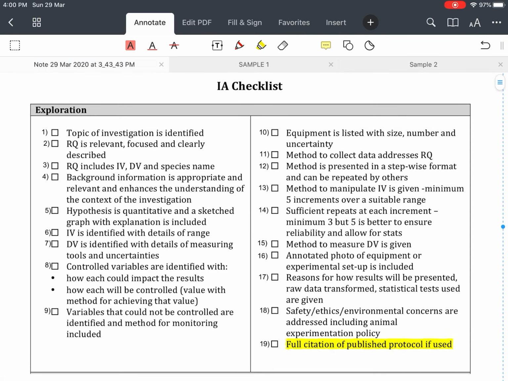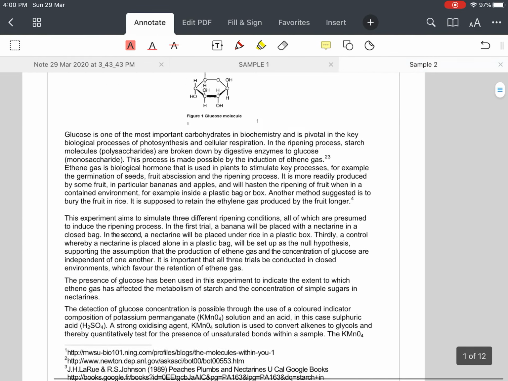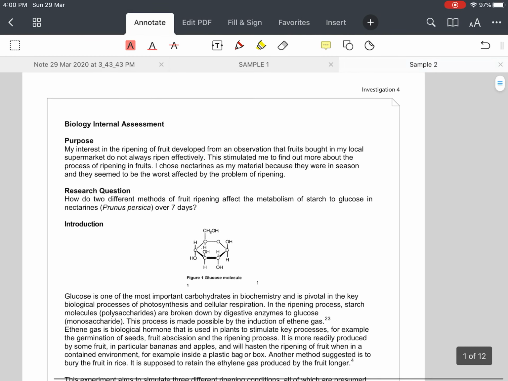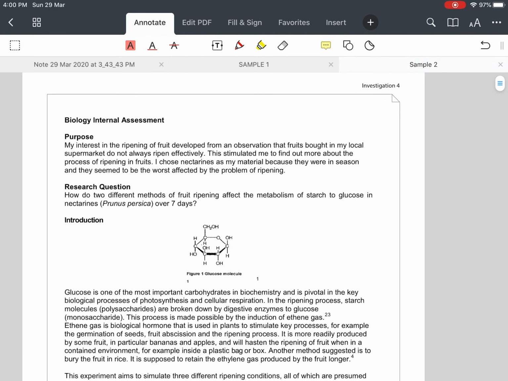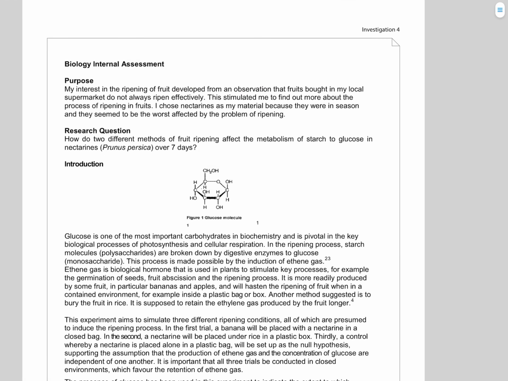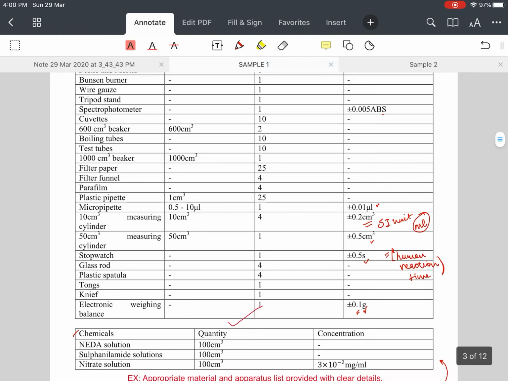Method to collect data, address research question. Now in the research question, if you have mentioned that your collection of data is using the spectrophotometer, or it is with the... like this research question is not very clear, because I would say this research question is not that detailed, because I'm not getting the idea how the raw data is getting collected here.